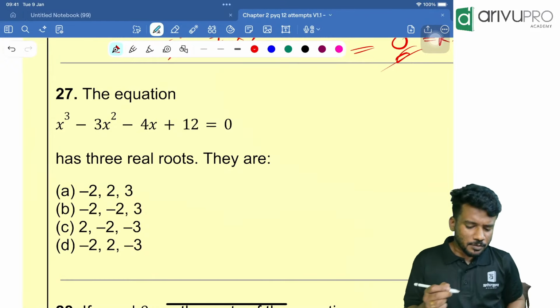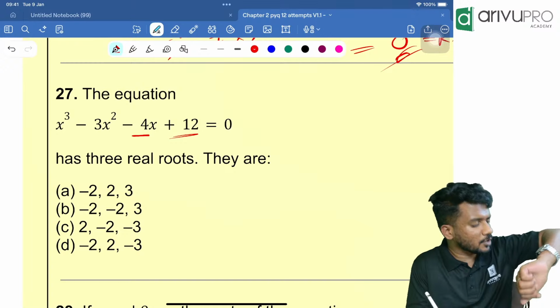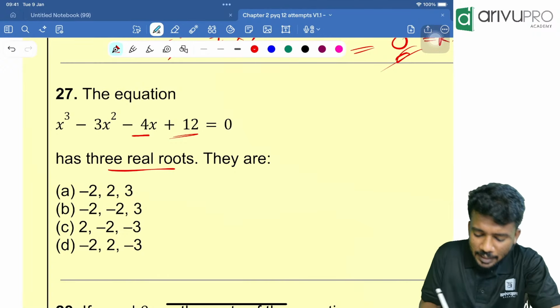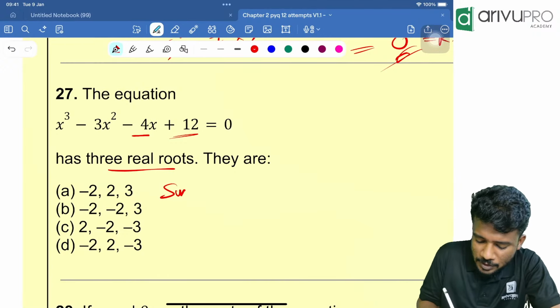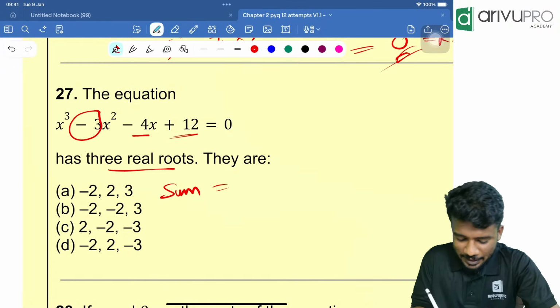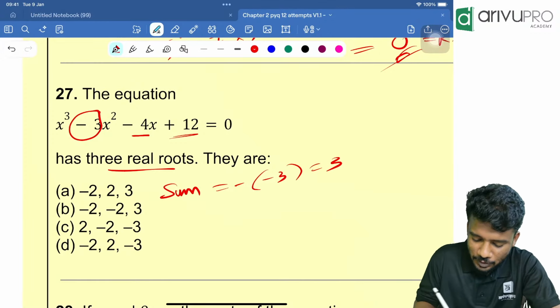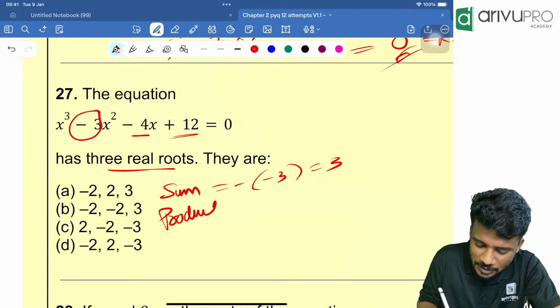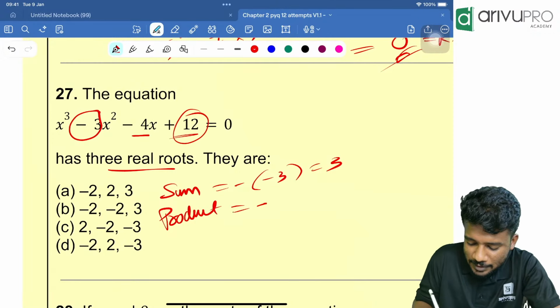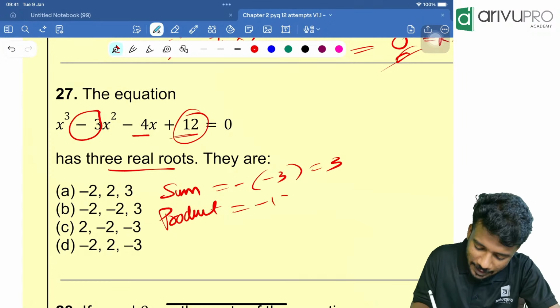Next one. Again, a cubic equation. The equation x cube minus 3x square minus 4x plus 12 is equal to 0 has 3 real roots. The sum of the roots is minus of the coefficient of x square, that is minus of minus 3, divided by the coefficient of x cube, which is 3. The product of the roots is minus of the constant term divided by the coefficient of x cube, that is minus 12.